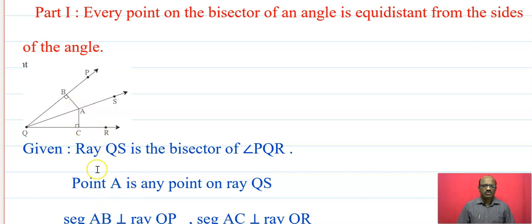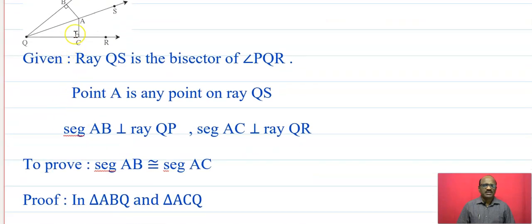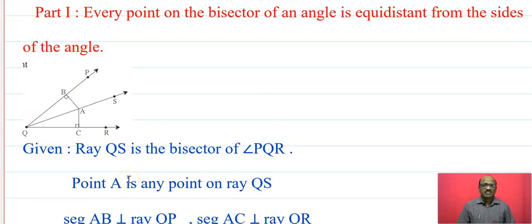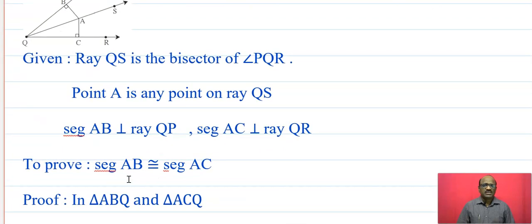Ray QS is the bisector of angle PQR. Point A is any point on ray QS. Segment AB is perpendicular to segment QP, and segment AC is perpendicular to segment QR. We want to prove that segment AB is congruent to segment AC.